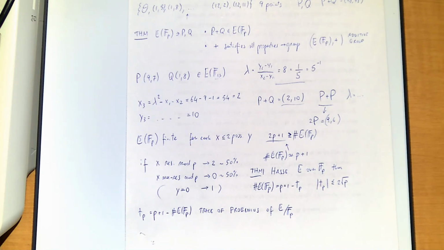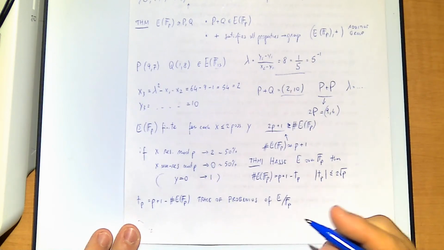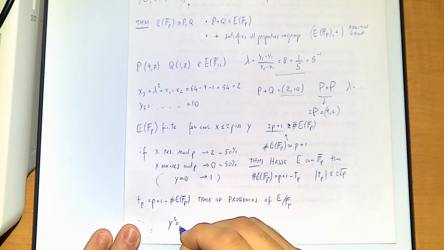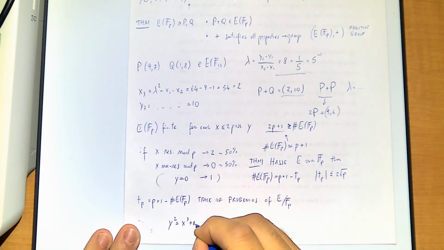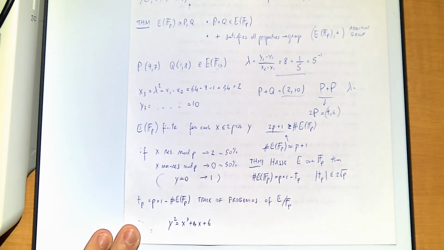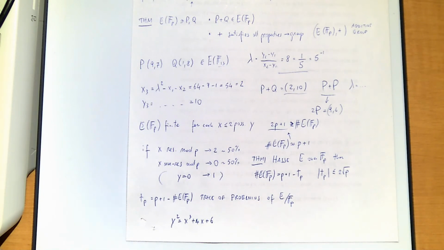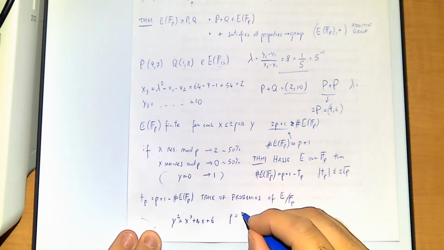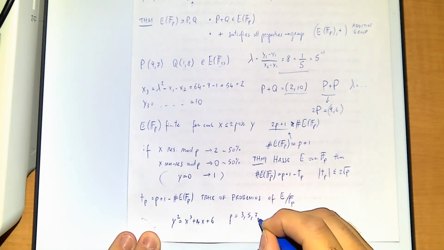Here, for example, suppose that we take a specific curve that we want to look at: y squared equals x cubed plus 4x plus 6. Let's see where this value lies, what is Tp, and how close it is to 2 square root of p. We can do this experiment for p equal 3, 5, 7, all the primes.